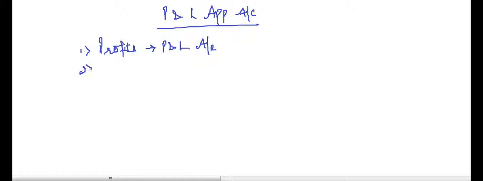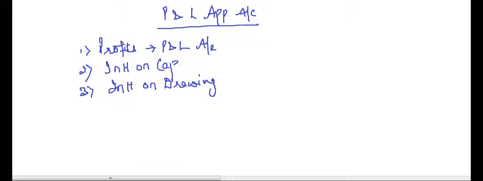I've discussed interest on capital, interest on drawings, then we have interest on partner's loan.